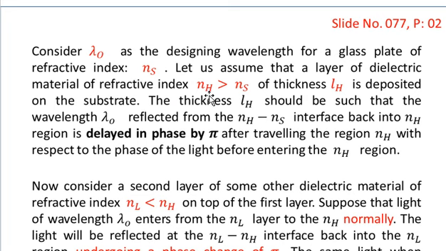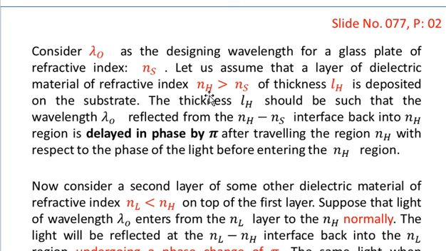When the light hits the NH-NS interface, there will be no phase change, because the NS material has a refractive index which is lower than NH. So no phase change due to reflection will occur at this interface, but the phase change that will occur is due to the light having traveled a distance of 2 times LH in this material.